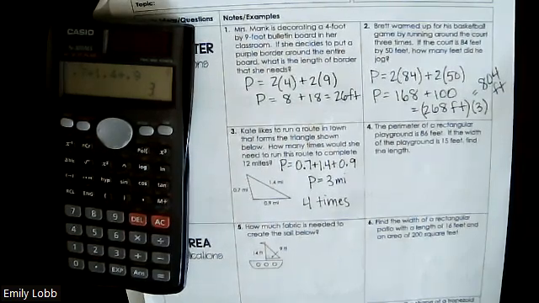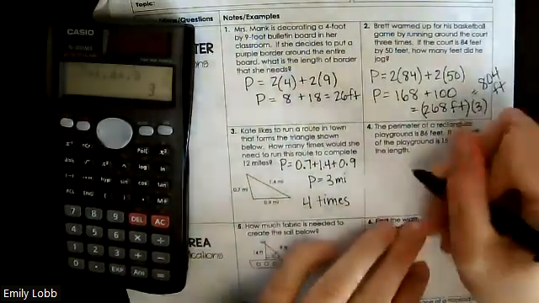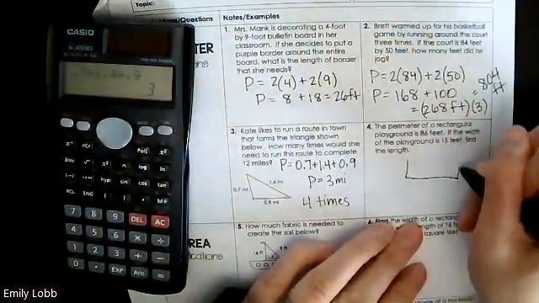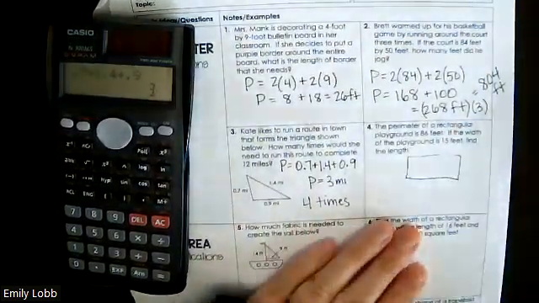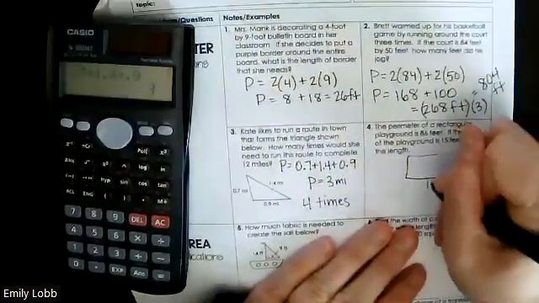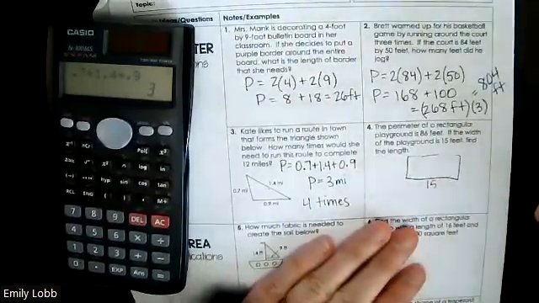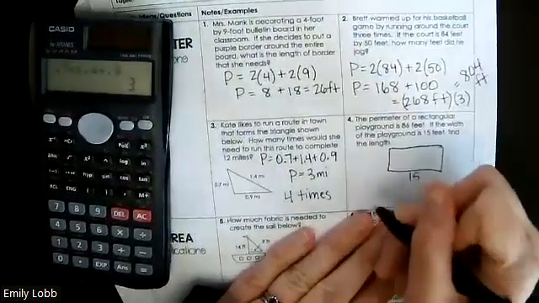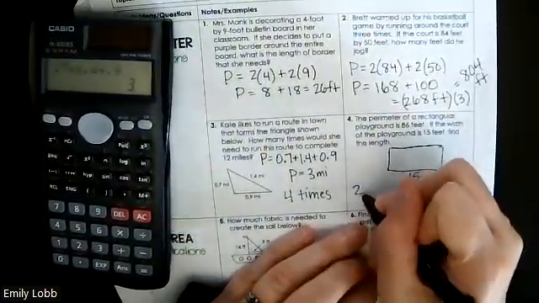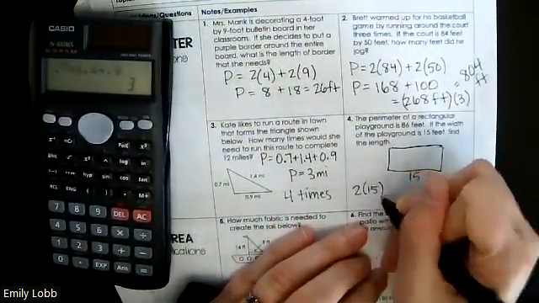The perimeter of a rectangular playground is 86 feet. Let's draw a picture. If the width is 15 feet, find the length. So we know 2 times 15, right?